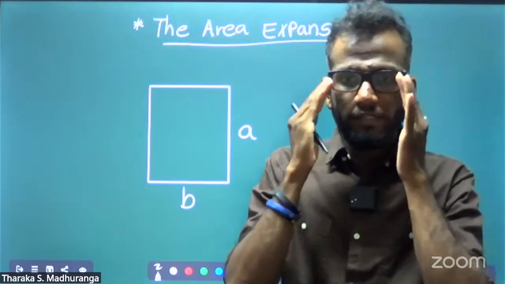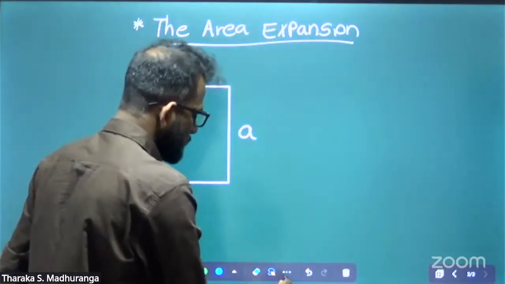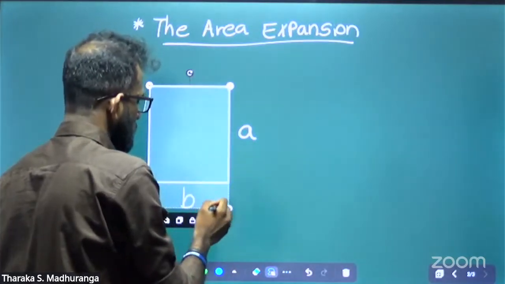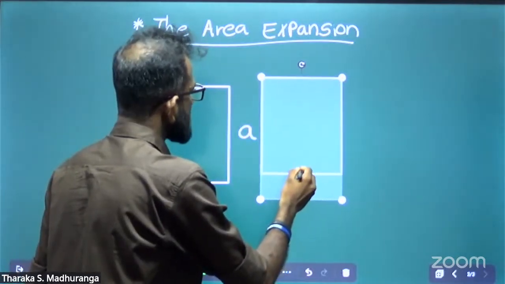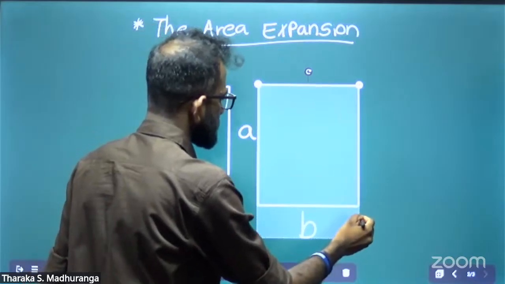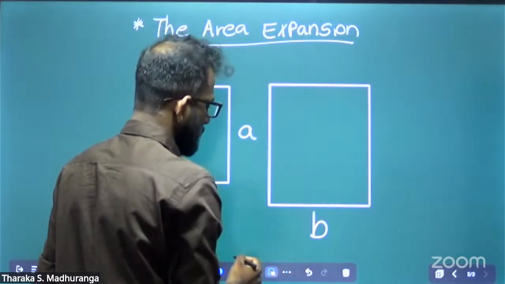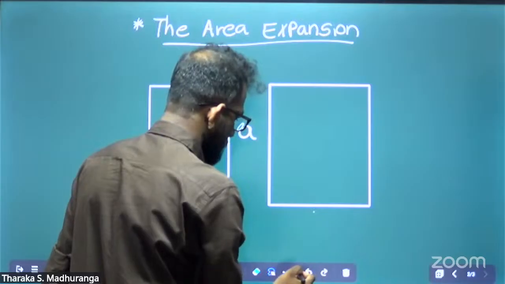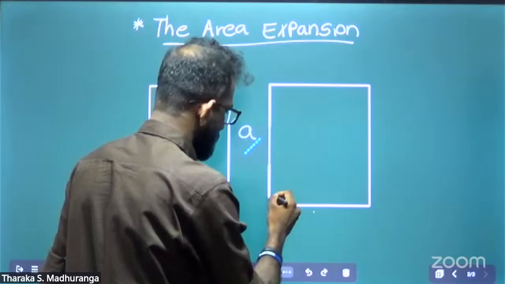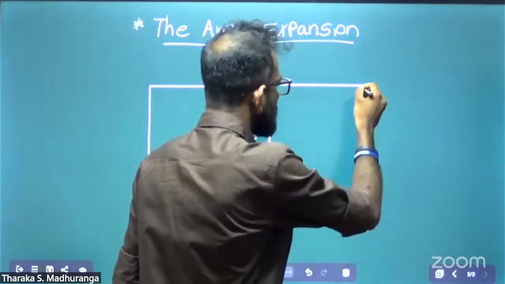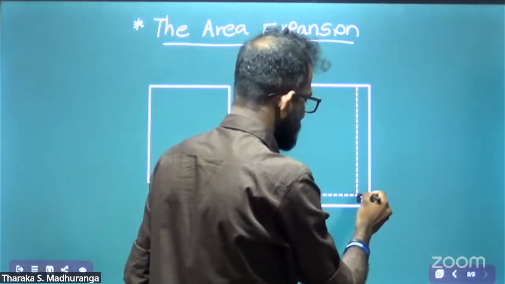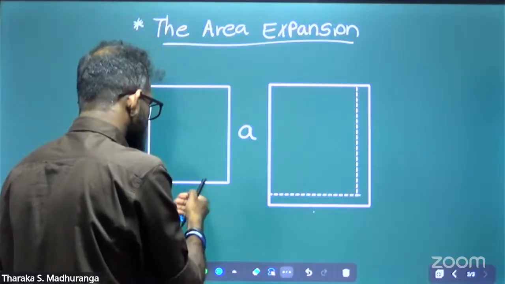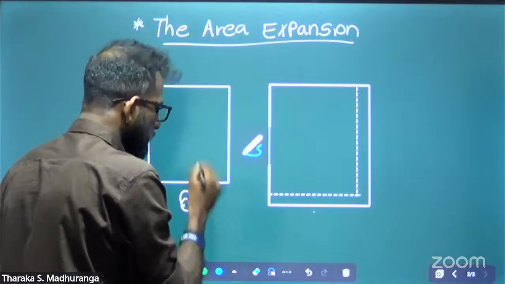Now considering two dimensions, when increasing the temperature, this is the initial length at theta 1 temperature, and this is theta 2.